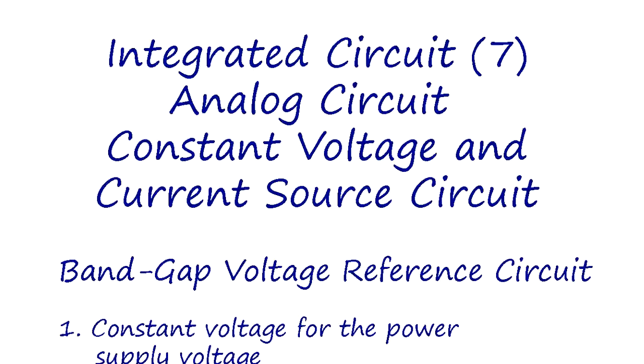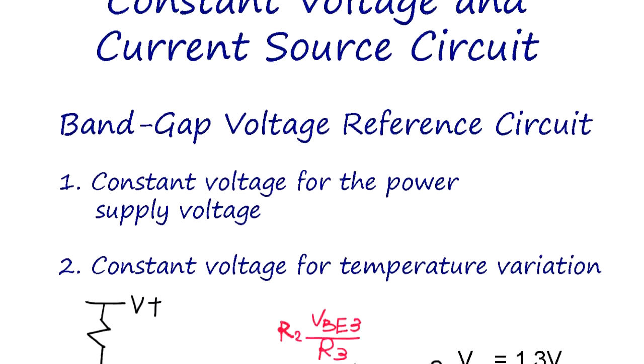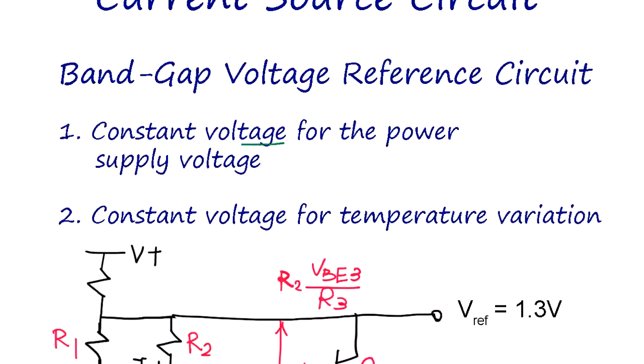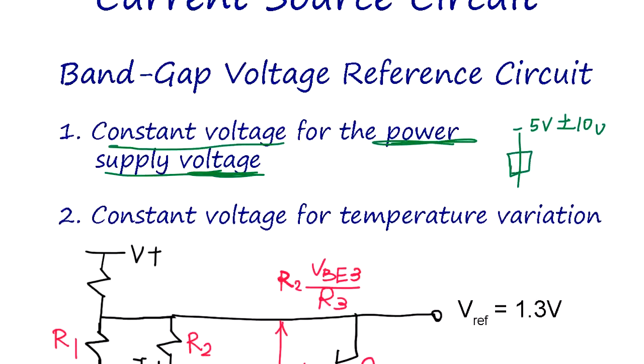So when you say constant voltage circuit, the constant voltage against what? Well, for the power supply voltage. So when they say 5 volt plus minus, the chip operates with a certain tolerance of the supply voltage.